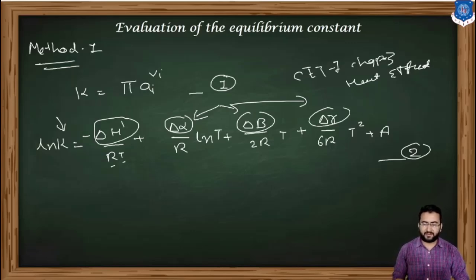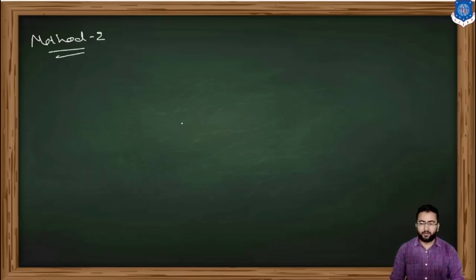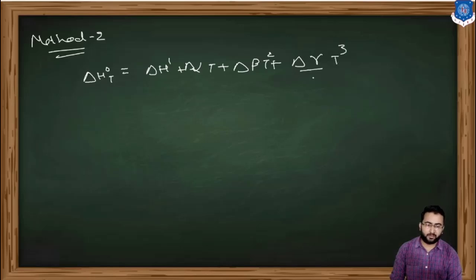Now let's discuss the second method. So let's first write method 2. If the values of K and delta H naught at T are known, then we can directly calculate delta H naught using the equation delta H naught at T is equal to delta H dash plus delta alpha T plus delta beta T square upon 2 plus delta gamma T cube upon 3.